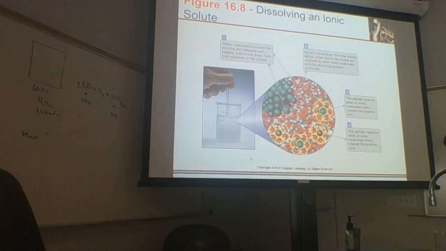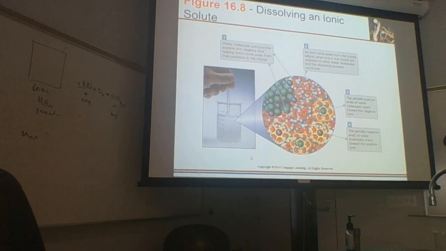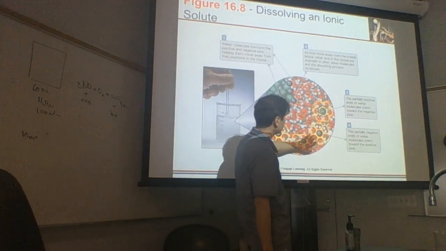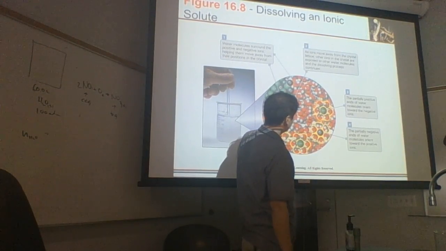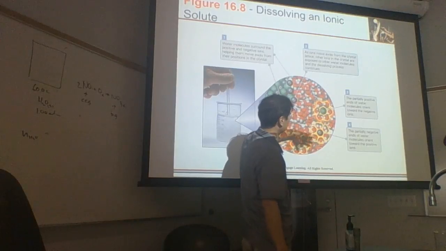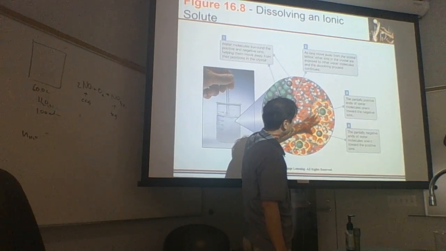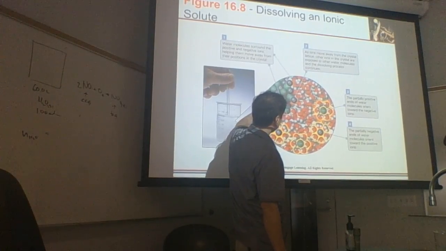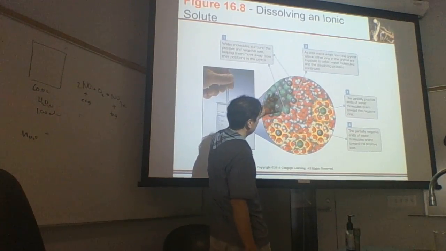So this is what we have here. We're going to saturate the solution with sodium ions and chloride ions. When we saturate, we'll have a total of 359 grams worth of sodium and chloride ions per liter. Whatever excess there is will remain undissolved.